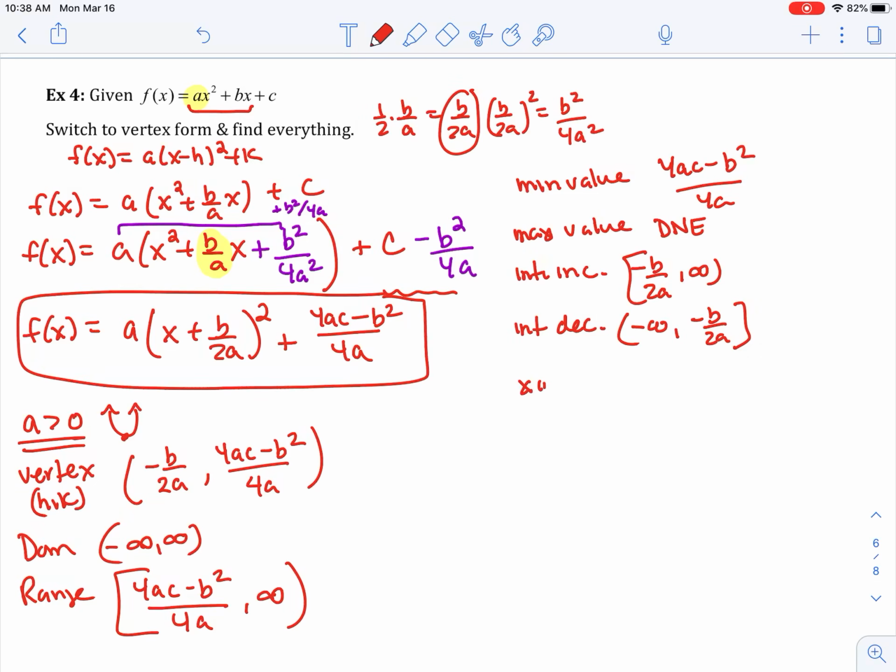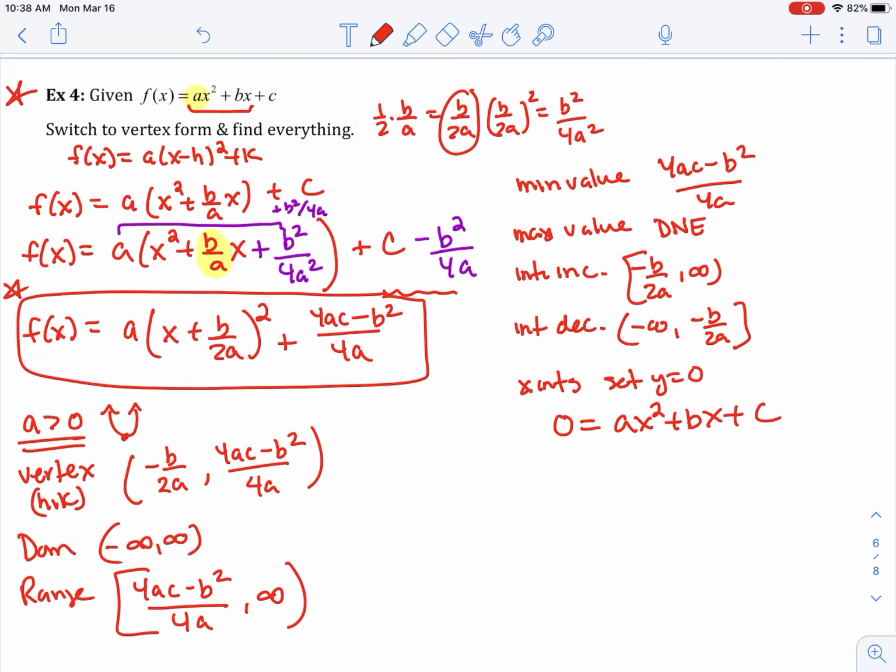Our x-intercepts. So for our x-intercepts, we set y equal to 0. Now again, we could be looking at standard form, we could be looking at vertex form, but keep in mind here, x-intercepts, if I set y equal to 0, if I go back to the original, 0 equals ax squared plus bx plus c for any quadratic.